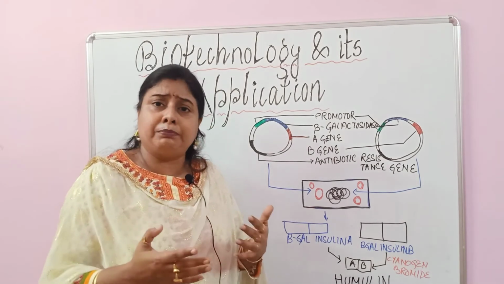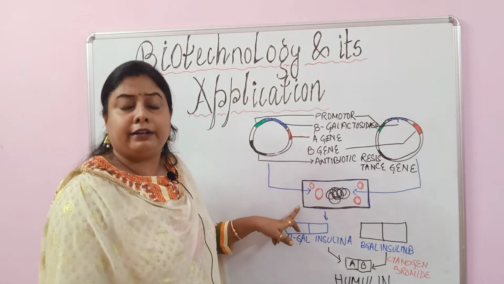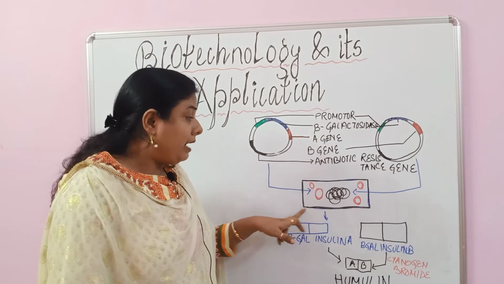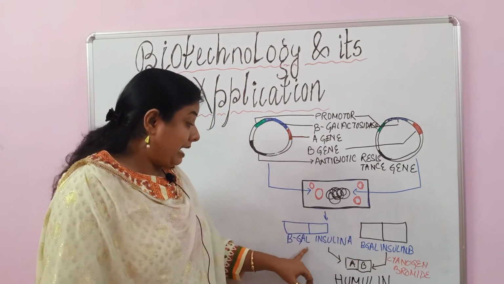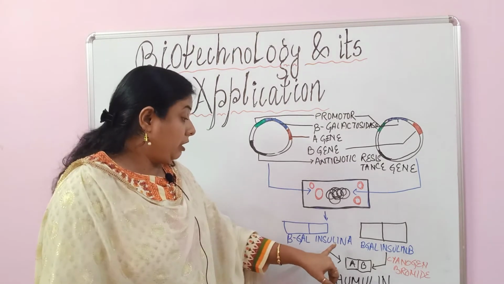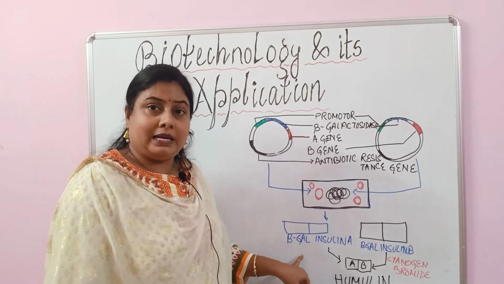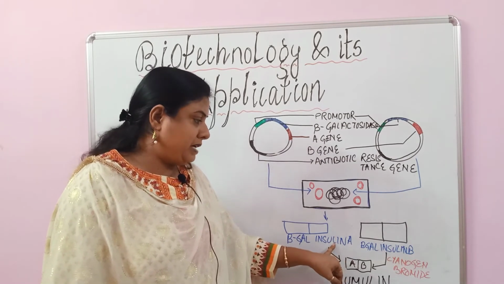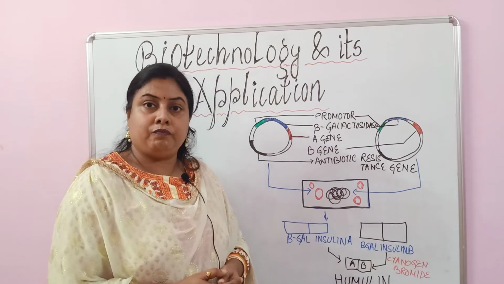They increase their number and then the products are extracted from them. So the product that we get from these is a beta galactosidase-insulin A peptide, and beta galactosidase-insulin B peptide.